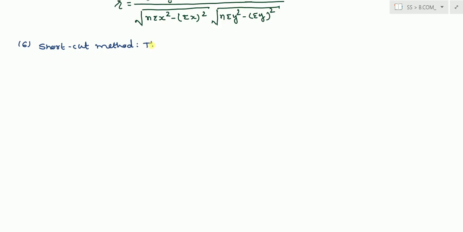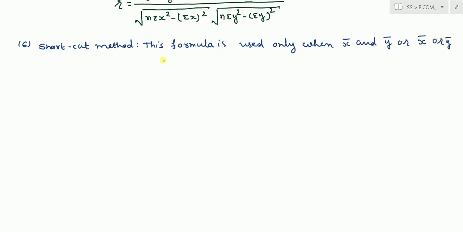This formula is used only when x bar and y bar, or x bar or y bar, are in fraction, or observations of x and y are very large.